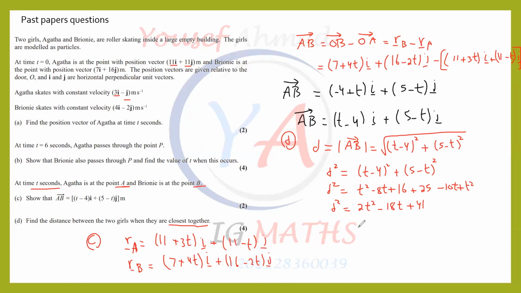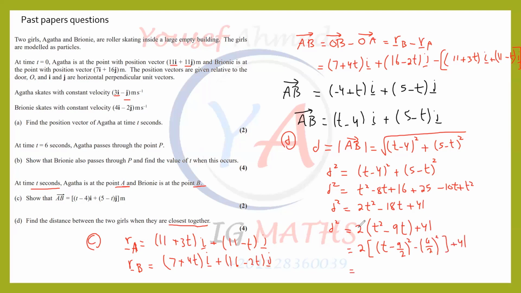So I will take 2 as a common factor from the first two terms, so it will be minus 9t, added to 41. This is d squared. So it will be here 2 multiplied by t minus 9 over 2 squared, minus 9 over 2 all squared, added to 41 out of the bracket.